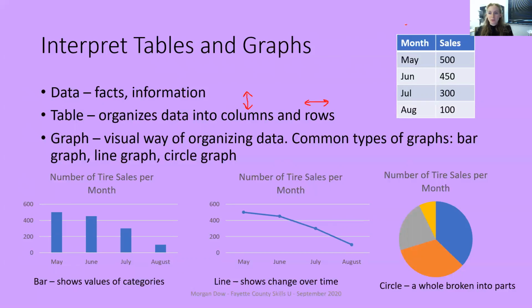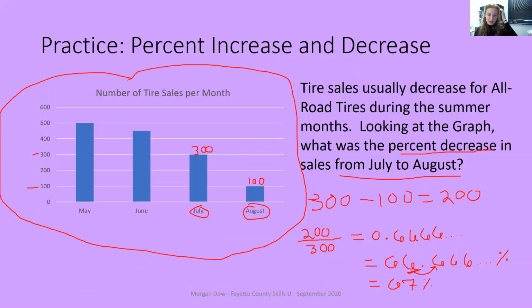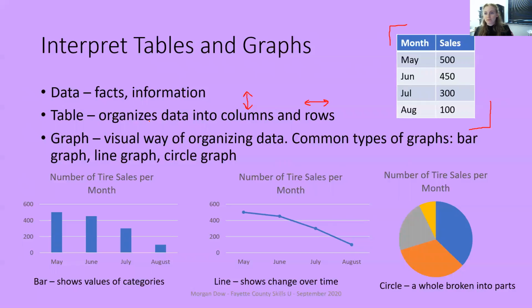I have an example in the top right corner here of a table. What I actually did was I just took the data from this graph that we already worked with. I took each month and then the number of sales for each month, and I just changed it into a table. So same data, just written as a table.